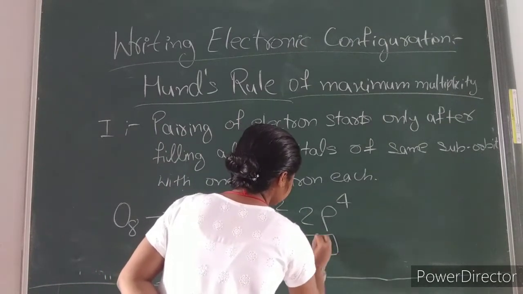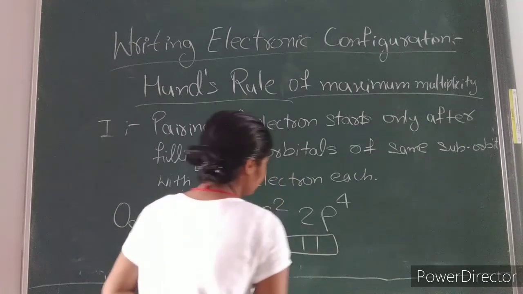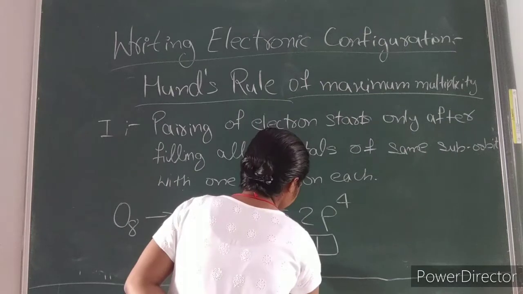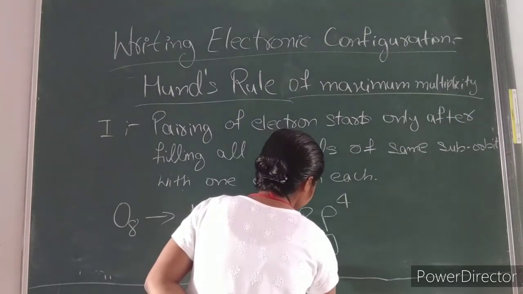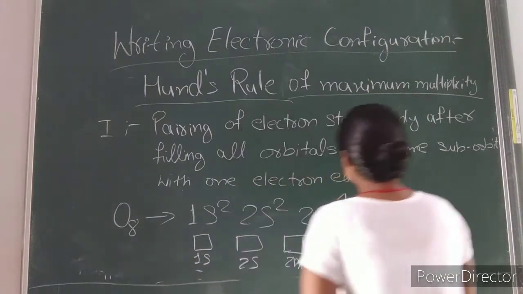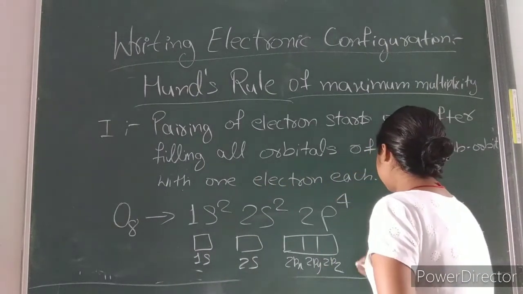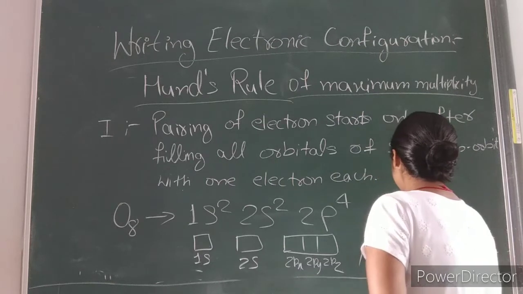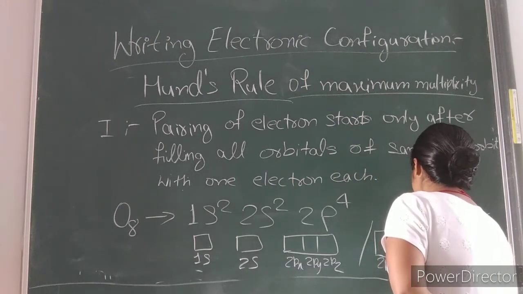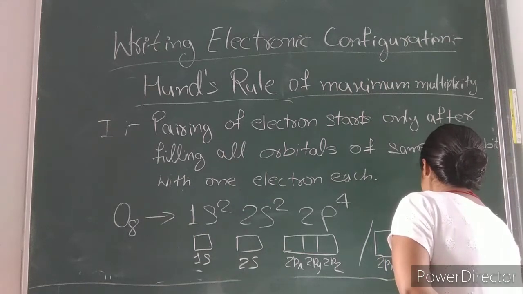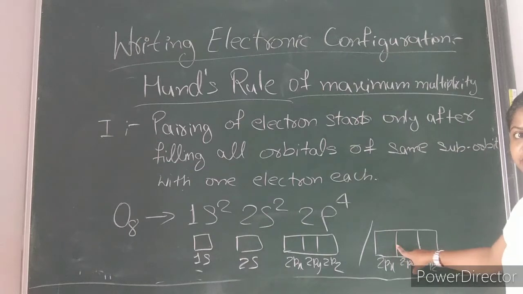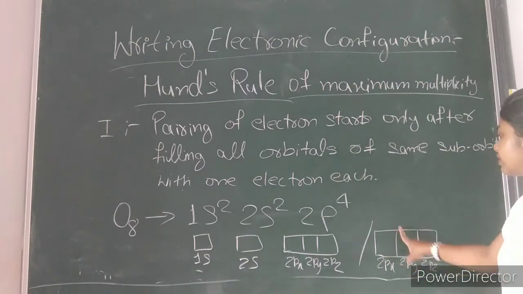We know p has 3 energy boxes of orbitals px, py, pz, so we write 2px, 2py, 2pz. For your convenience, I am taking one more example with 2px, 2py, 2pz. The p suborbit has 3 orbitals px, py, pz, that's why we have put 3 boxes.